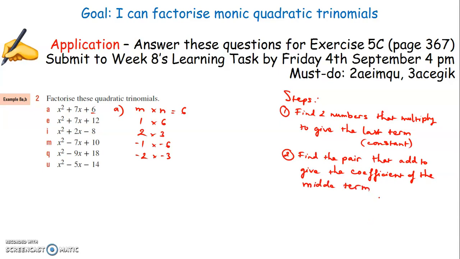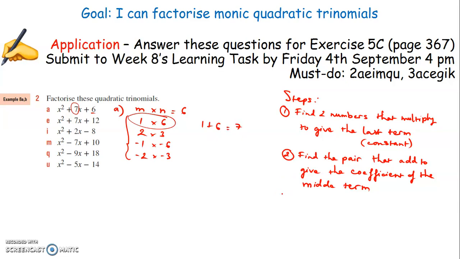So which of these four pairs add up to give us 7? I hope you can see that 1 plus 6 is equal to 7.